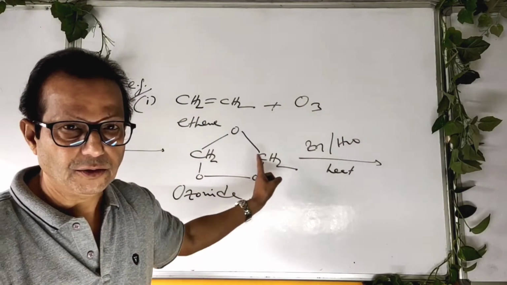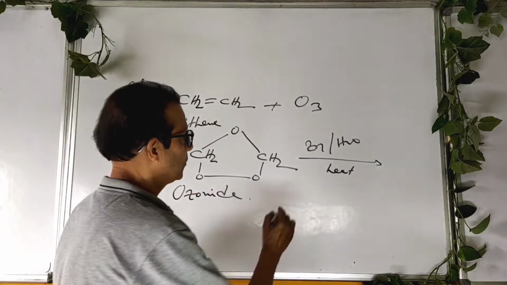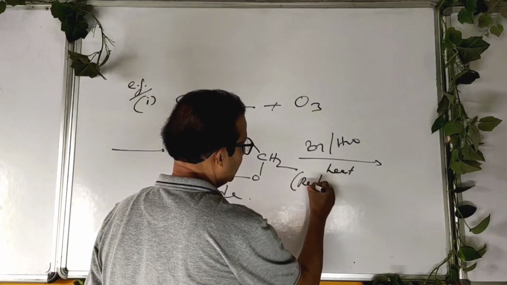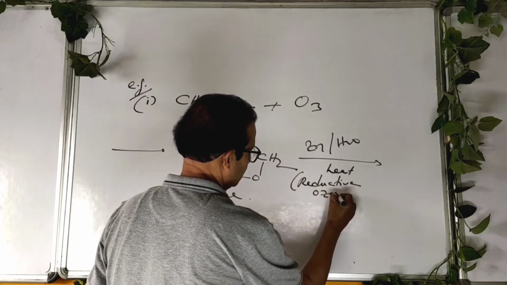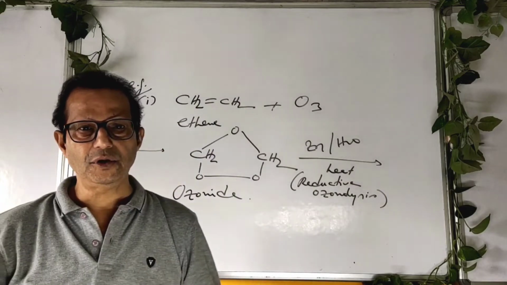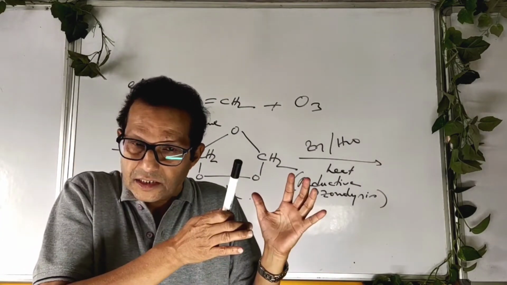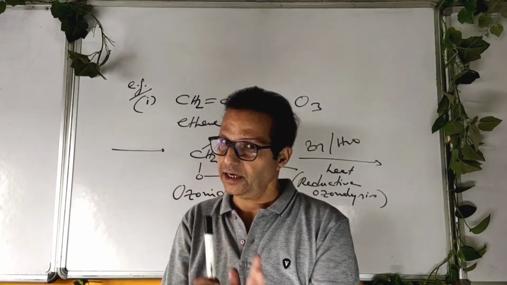When ozonide is heated with a mixture of zinc and water, then you know that this is called reductive ozonolysis. It is in your syllabus in class 12, and oxidative ozonolysis in entrance.